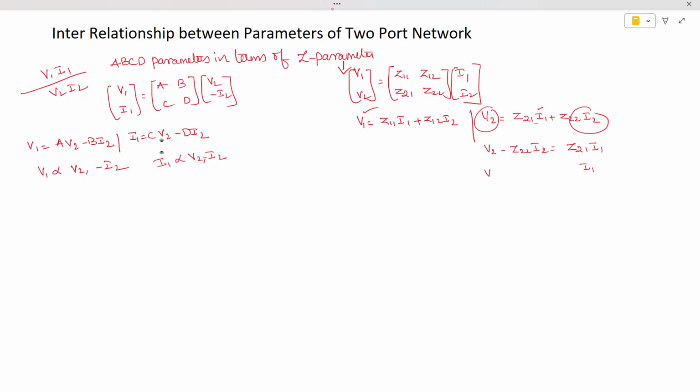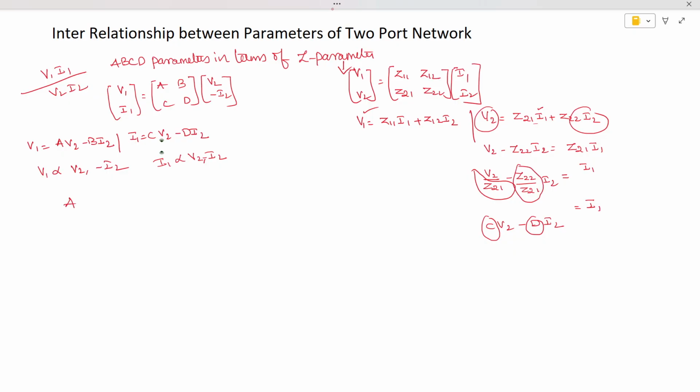Therefore, I1 is V2 by Z21 minus Z22 divided by Z21 into I2. Compare with the standard expression I1 is equal to CV2 minus DI2. So the value of C is 1 by Z21 and the value of D is this one.